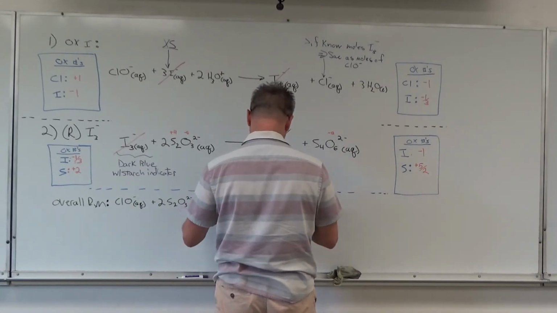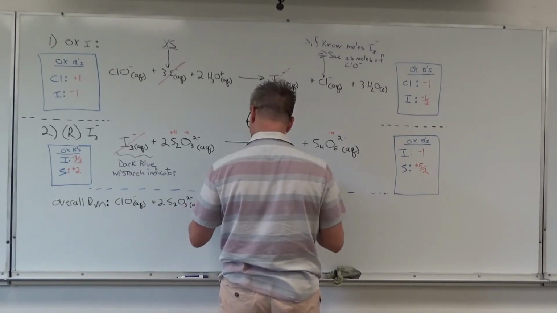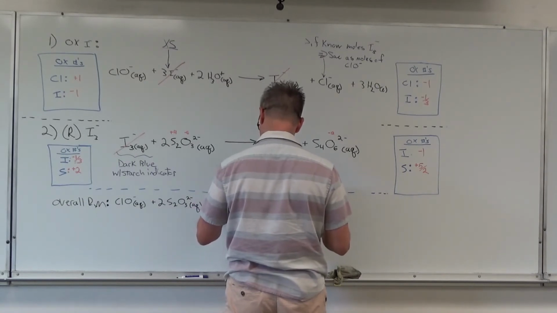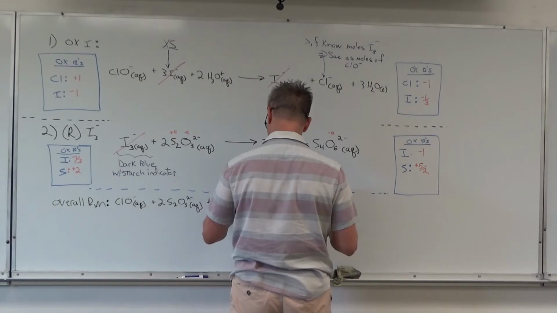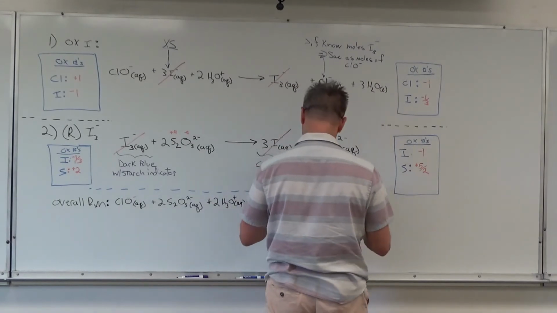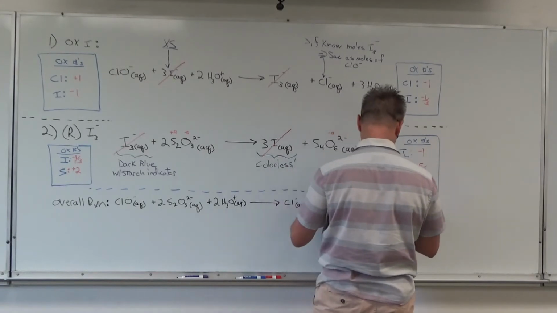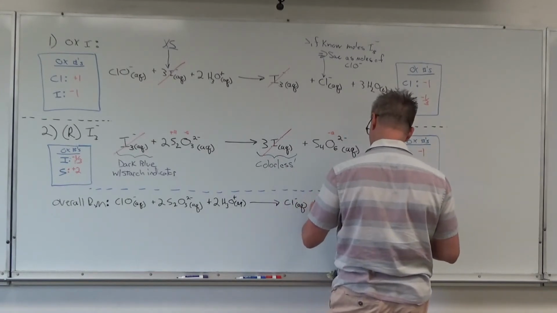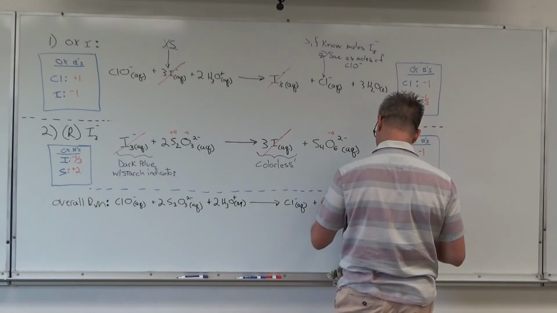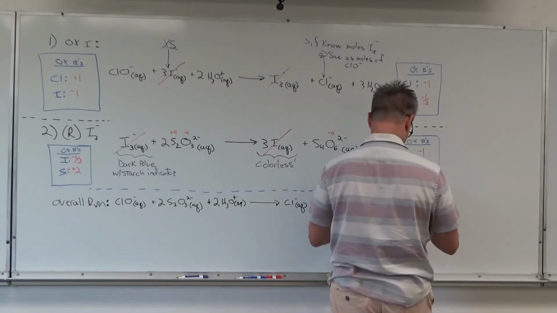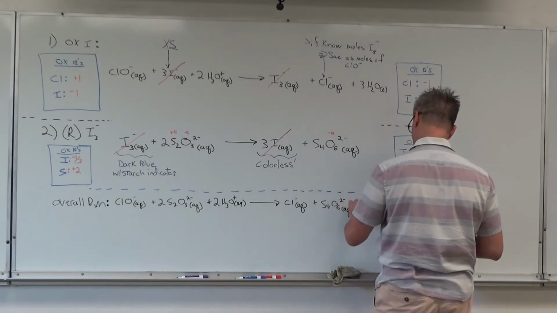Plus 2 hydroniums turns into chloride ion, that's 406, and 3 water molecules.